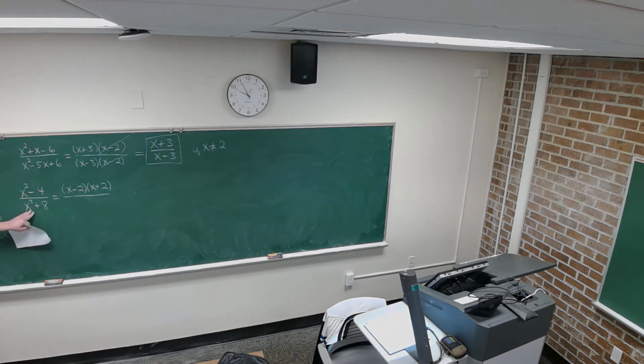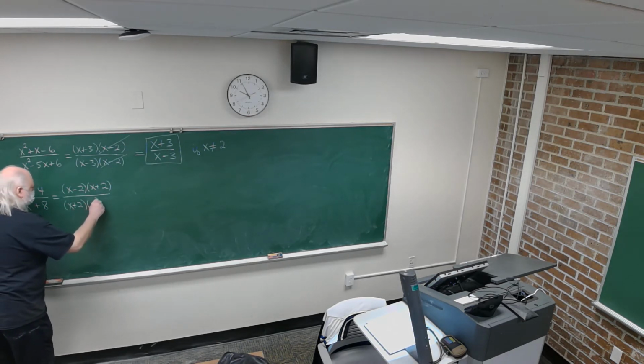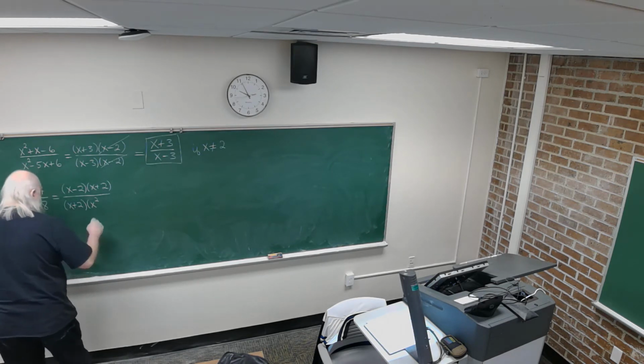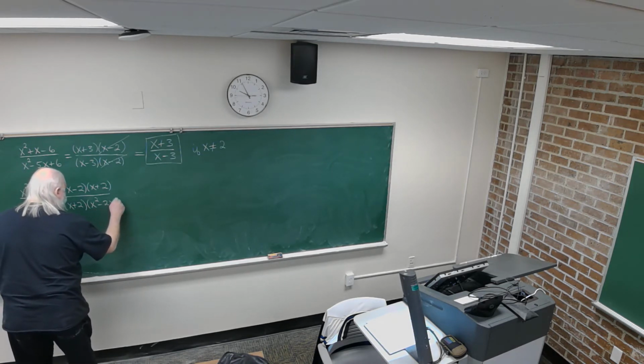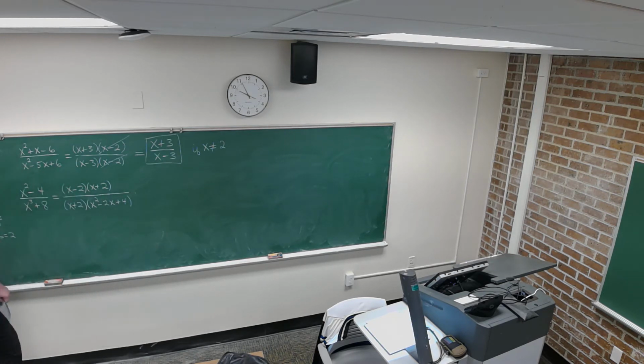So x cubed plus 8 factors into x plus 2 times x squared minus 2x plus 4. And if you were to use the distributive property and multiply this out, you would end up with x cubed plus 8.